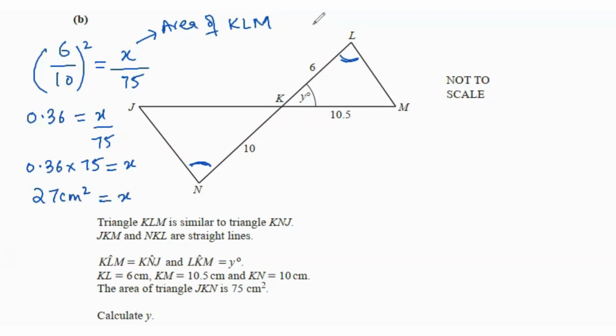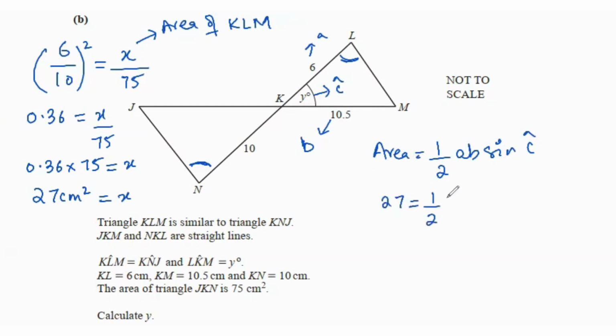Now that we have the area, if you remember, whenever you have a non-right angle triangle and they've given us two lengths and the angle between them, we can use that information to find the area of that triangle using the formula area equals 1 over 2 ab sine of angle C. In this case, 6 is our a, 10.5 is our b, and angle y is our angle C. So 27 equals 1 over 2 times 6 times 10.5 times sine of y.